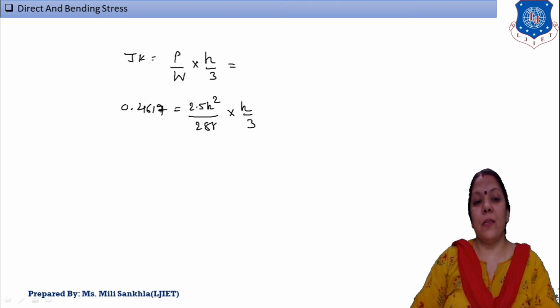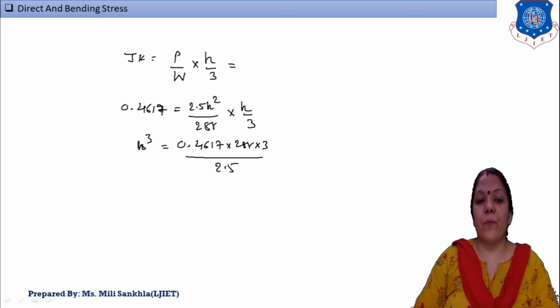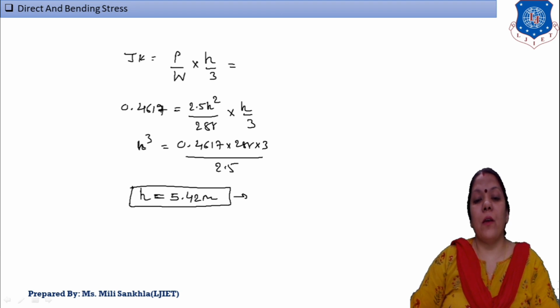Now solving this, here we get H cube. Finally write down the step: H cube is equal to 0.4617 into 288 into 3 divided by 2.5. Now my final answer H is equal to 5.42 meter. Okay, this is the height of soil. This is the height of soil level in the retaining wall.